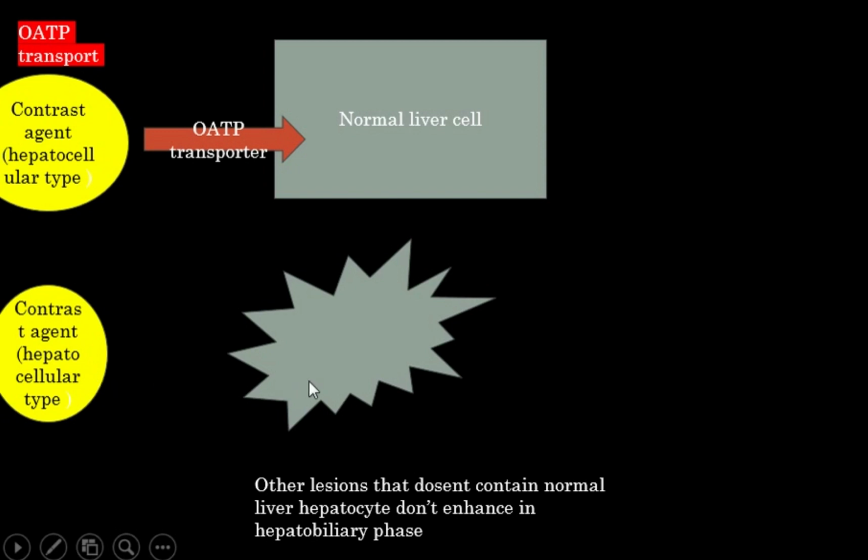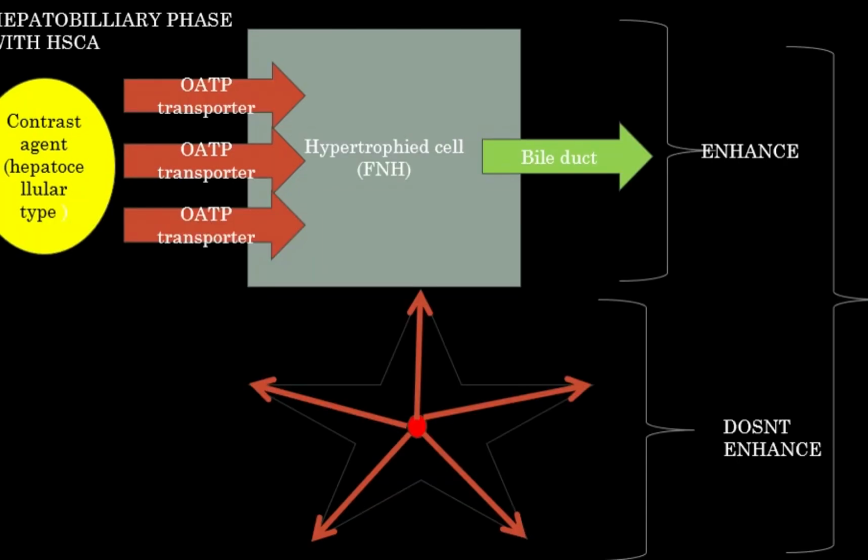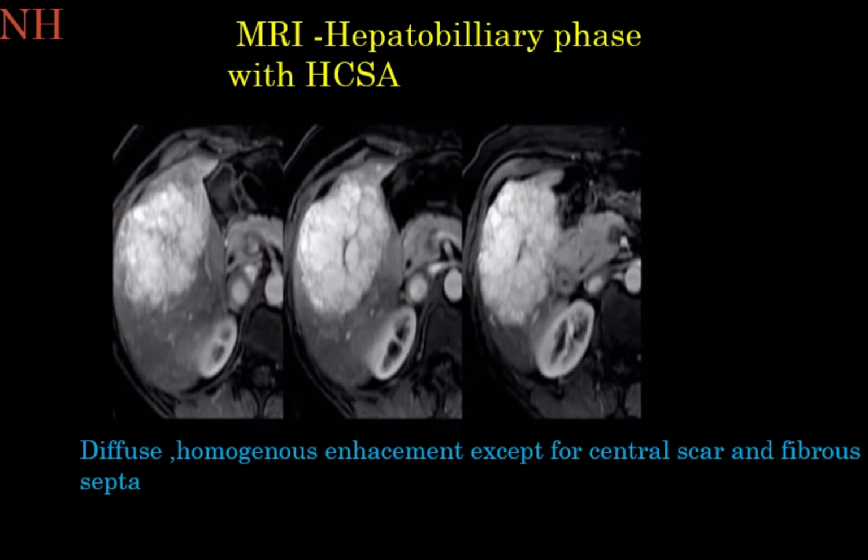That's why FNH can be differentiated from other lesions in the hepatobiliary phase. In general, the cells take up contrast so there will be enhancement, but the scar doesn't have cells, so it will not enhance. This is hyperenhancement of the hypertrophied cells, except for the central scar.